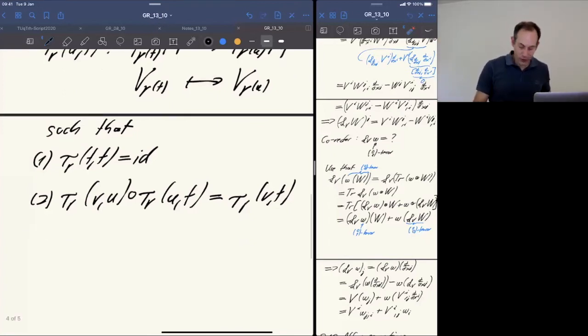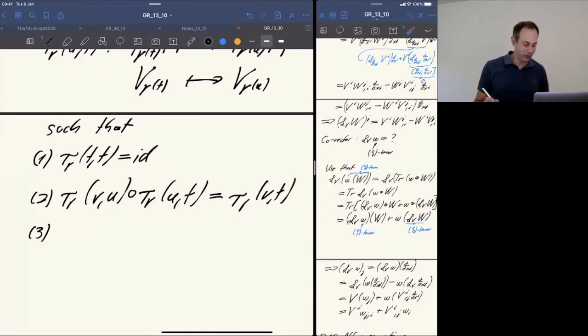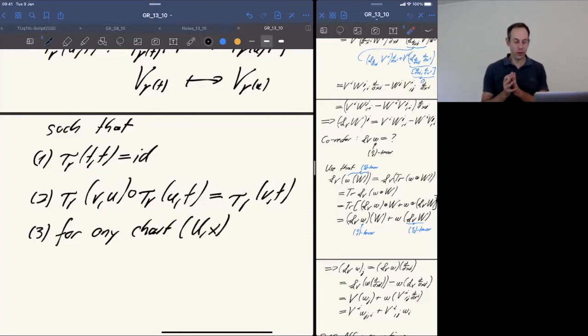And okay, the third thing is an even more complicated condition, but you should just think of it as a continuity condition. It somehow tells you that the arrow doesn't abruptly change its direction. This is expressed in the following way. One has to go to a chart, unfortunately, to express that. So for any chart, U, x, so a chart is of course in a small region. We're just talking about a change as I walk a very small distance. For any chart, there exist coefficient functions.